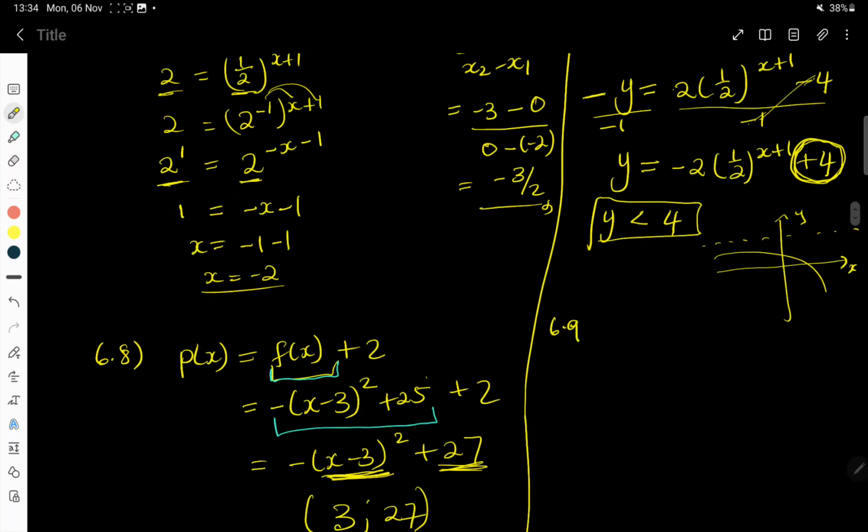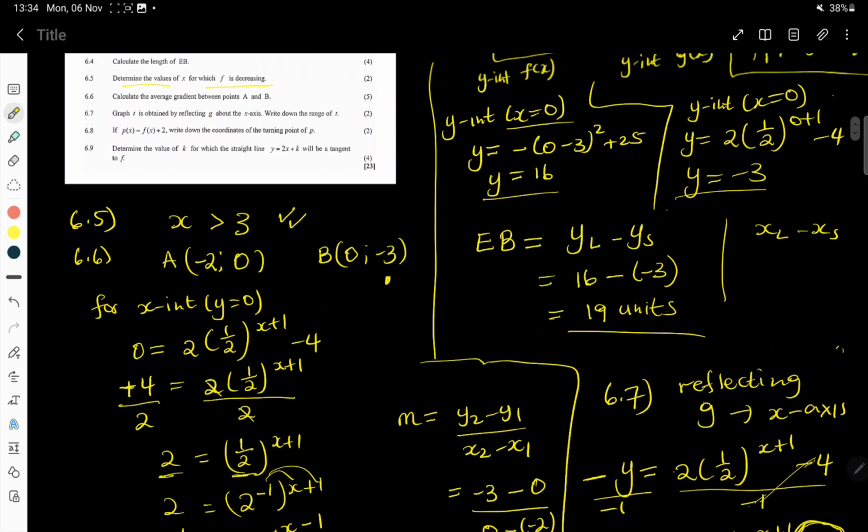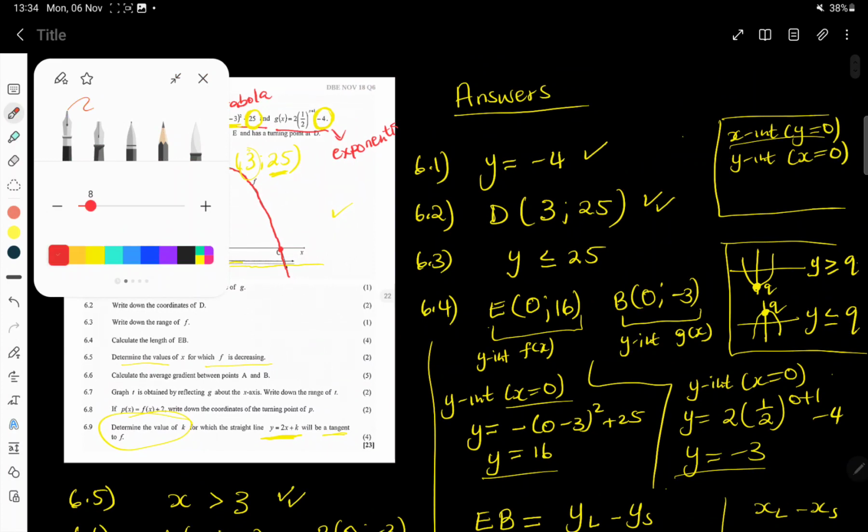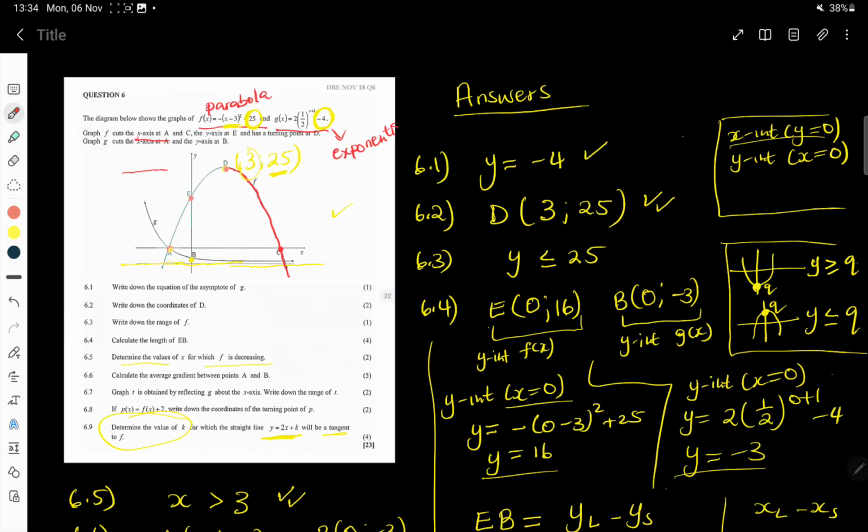6.9. Find the value of k. This question is very important, guys. It's very important, for which the straight line will be a tangent to f. Now, what do they mean when they say tangent to f? A tangent is a line that touches the graph at one point.